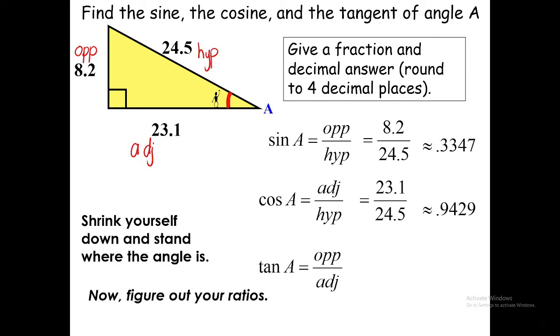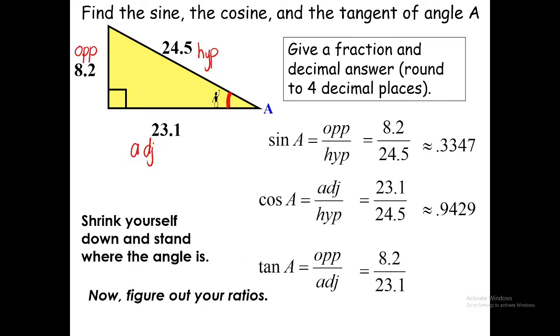What is opposite? How much is the opposite side? 8.2. What about the adjacent side? 23.1.